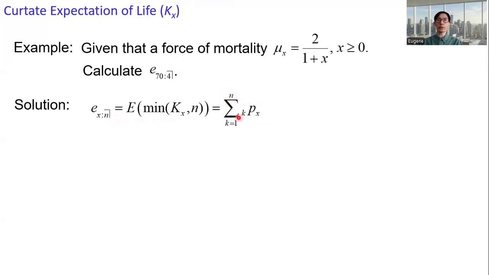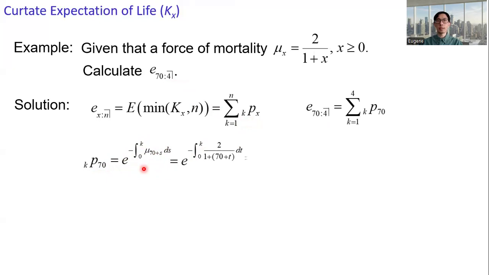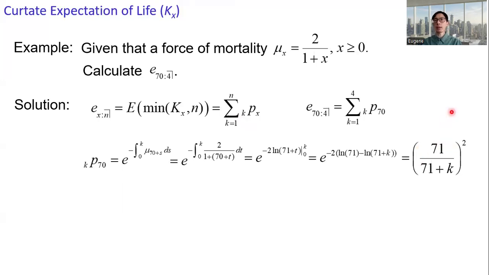And then we need an expression for kpx or kp70. As usual, by definition, kp70 is e to the power negative the integral of the force of mortality at age 70 plus s, where s goes from 0 to k. Upon calculation, we get kp70 equals 71 over 71 plus k, squared.